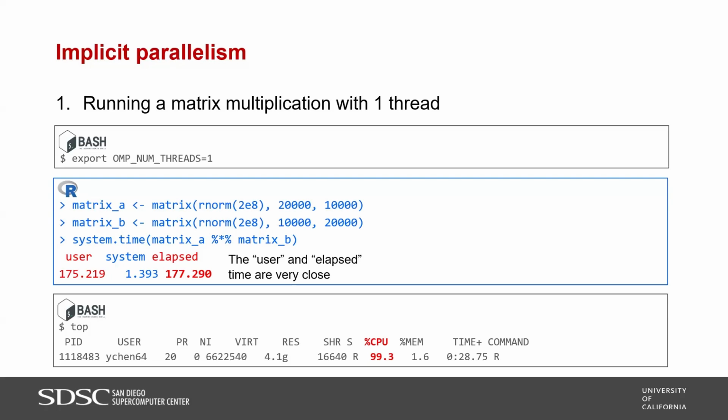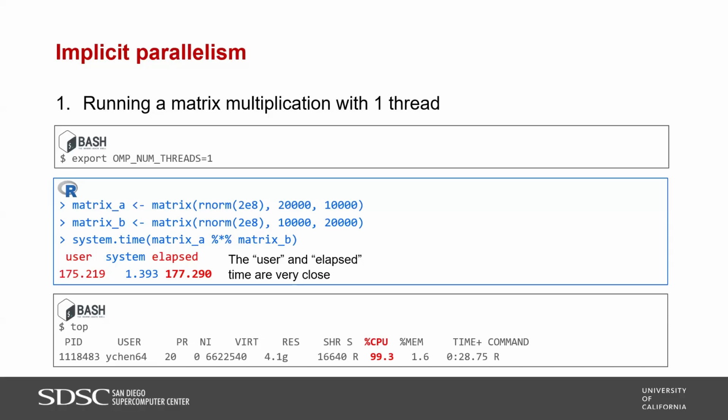So, like in this example, we are running a matrix multiplication with one thread. So before starting R, we just tell our cluster or the node we are running jobs to use one thread, and then inside the R session, we are doing a matrix multiplication and timing how long it will take.